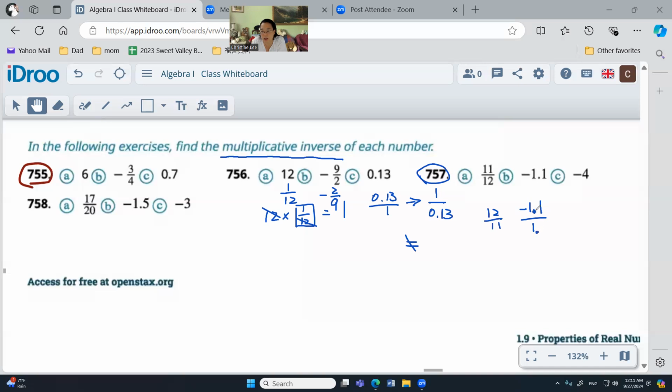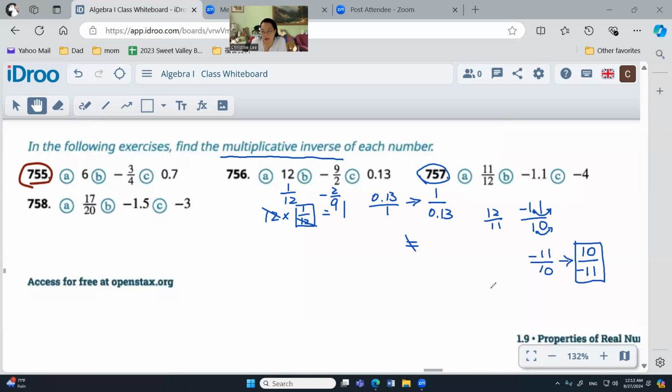You want to move 1 to the right, and when you move 1 to the right, you need to fill in the space. Okay, so it's negative 11 over 10. And if you flip it, it becomes 10 over negative 11. So this is your multiplicative inverse.